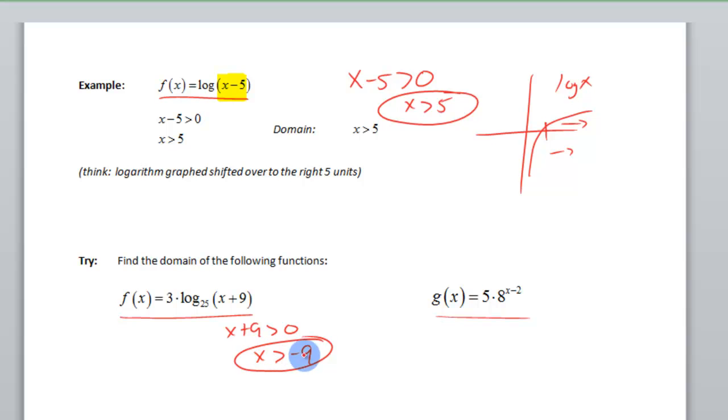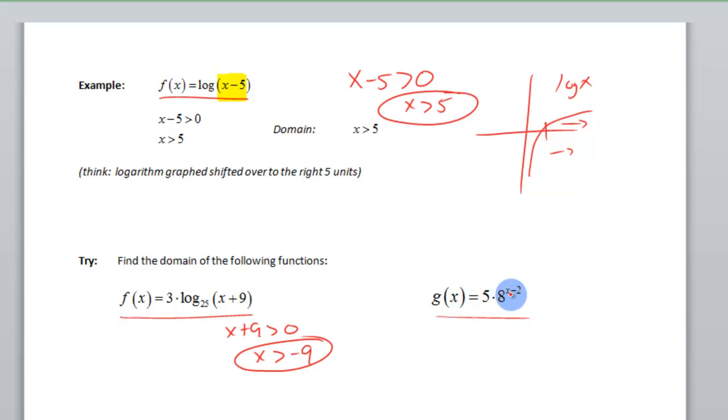If I choose numbers greater than negative 9, I can do that. Watch, negative 8 works. Negative 8 plus 9 is 1. And I know the log base 25 of 1 is 0. So then 3 times 0 is 0. So basically, you make this positive and you're set. Greater than 0, positive.